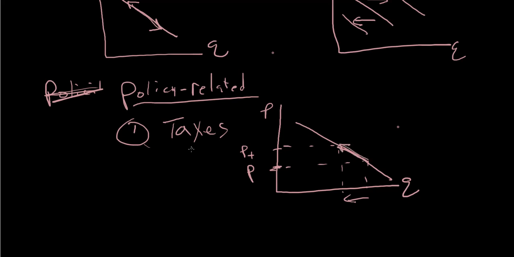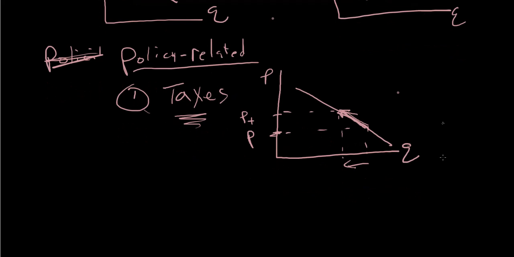This tax policy to reduce the consumption of cigarettes moves us along the demand curve. But the other way of achieving a similar thing would be through, say, education.